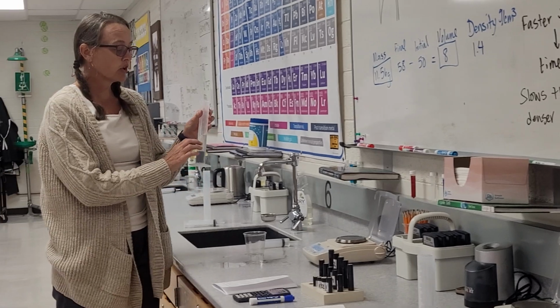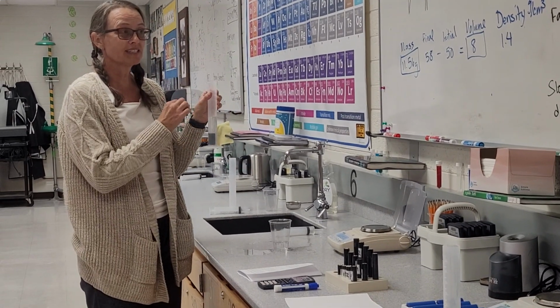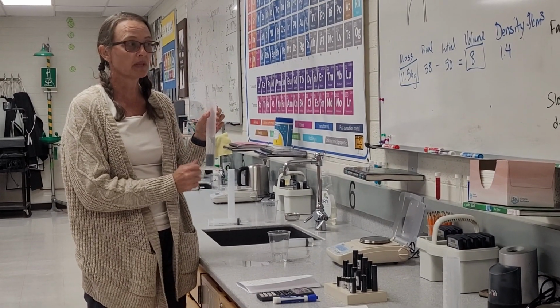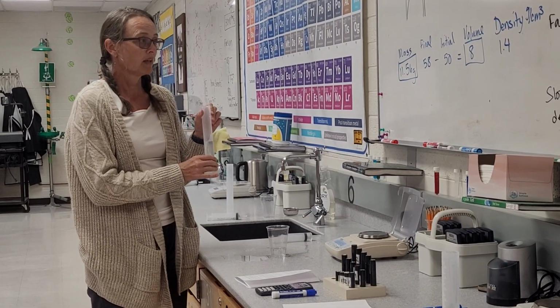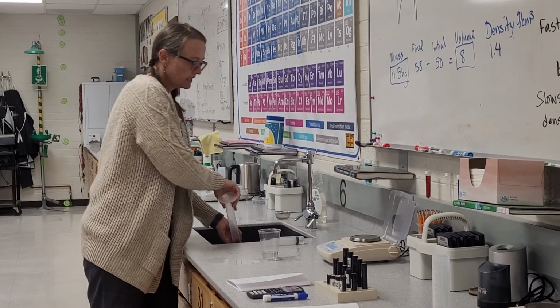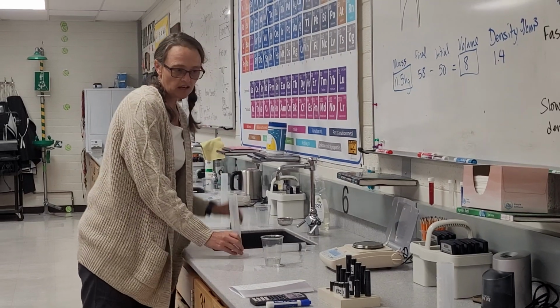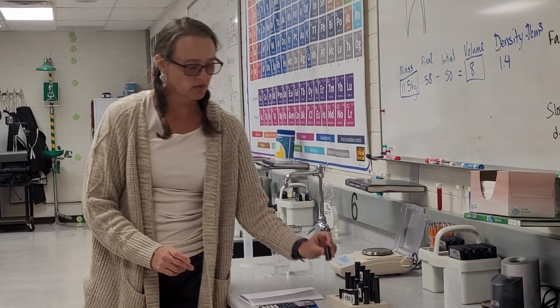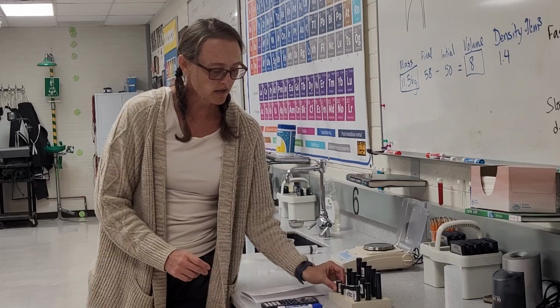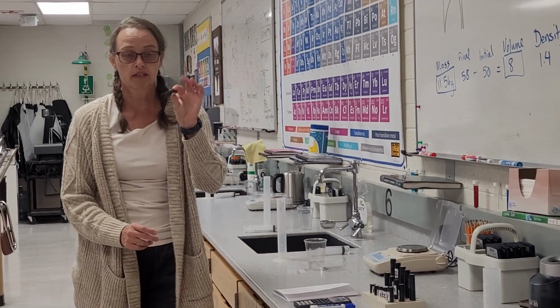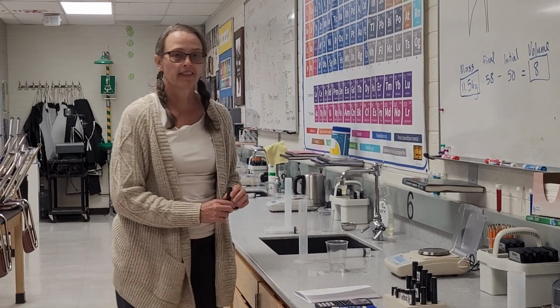We're measuring in volume, so a milliliter is exactly equal to a cubic centimeter, so those are interchangeable. Okay, when you're done, shake it off, get it as dry as you can, put it back where you found it, and grab another one and repeat.